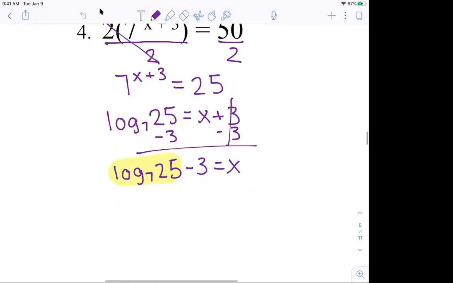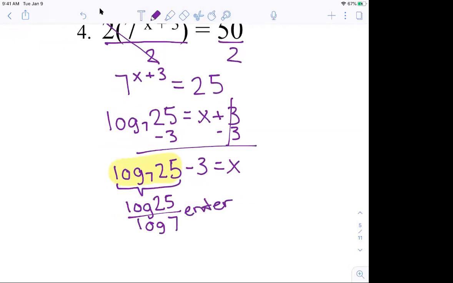Once again, to find this value, you're going to do log 25 divided by log 7, hit enter, and then subtract 3, and that's going to tell you about what x is. So log 25 divided by log 7, hit enter. I'm going to subtract 3, and that gives me about negative 1.35.